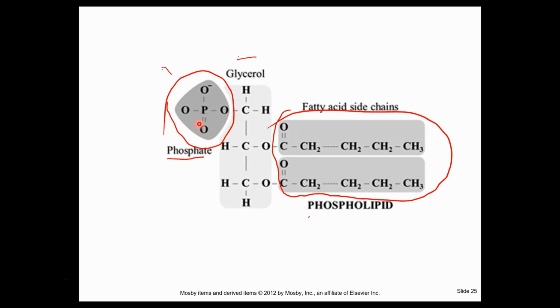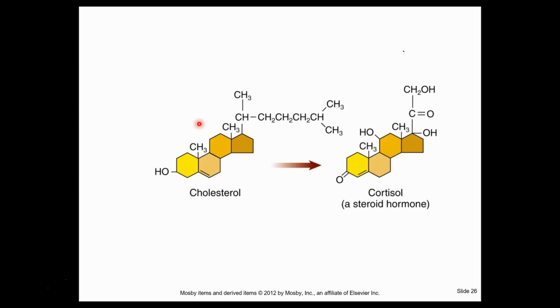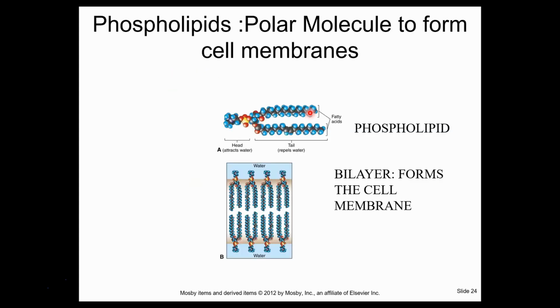We will see, for example, cholesterol. Cholesterol is one of the molecules that is similar in that way to the phospholipids because it has this four-ringed base that is non-polar, and then it has also a polar head that is interacting with the phospholipids.